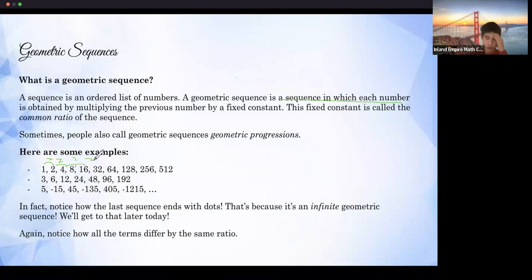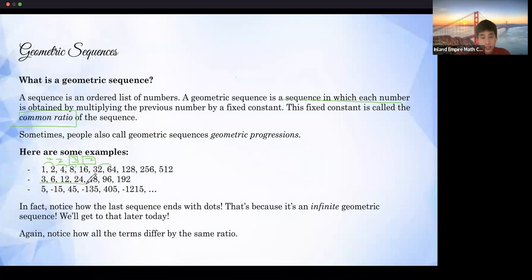So a geometric sequence's definition might sound a little complex, but in reality it's very simple. You just multiply every number by a common number, called the common ratio of the sequence. So 2 here is the common ratio because you multiply each number by 2 to get the next number in the list.